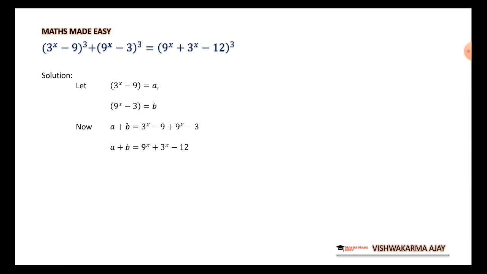Here is the clearer version: a is 3^x - 9, b is 9^x - 3, and a plus b is 3^x + 9^x, minus 9 minus 3, which is minus 12.